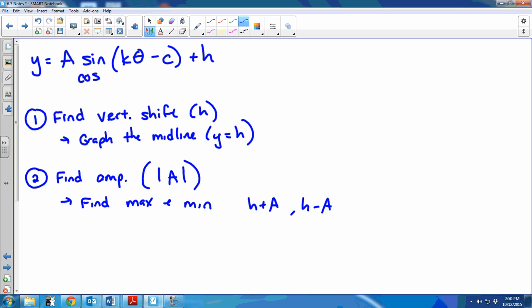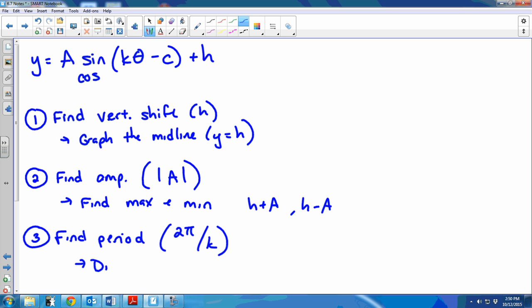Okay? Then we would find the period, which we find by doing 2 pi divided by k. And then we would divide by 4 to get the appropriate scale to graph with.